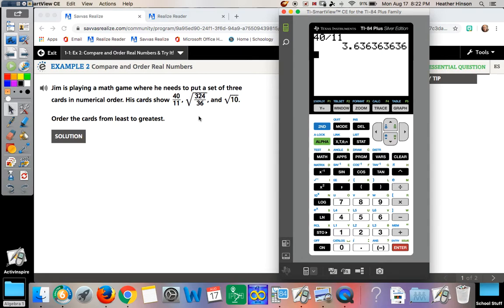Then this square root. To get a square root, if you haven't done the calculator scavenger hunt, you're going to do second x squared, which is over here on the left in the middle. And again, I'm not going to plug this in as a fraction because we want a decimal to compare it. So we have 324 divided by 36.